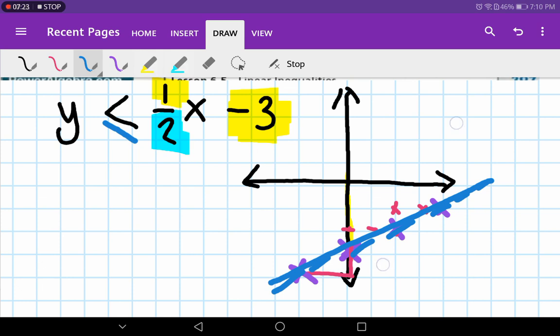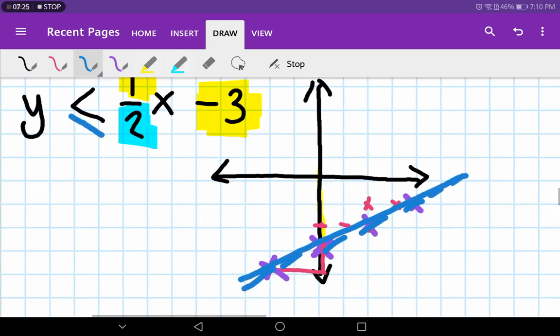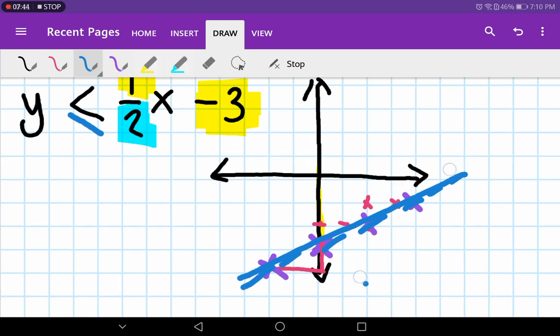Okay, now Yazan, can you tell me the area of the solution here? Where is the area of the solution? Is it up or down the line? If it's less, you can say less means down. Down from the line.